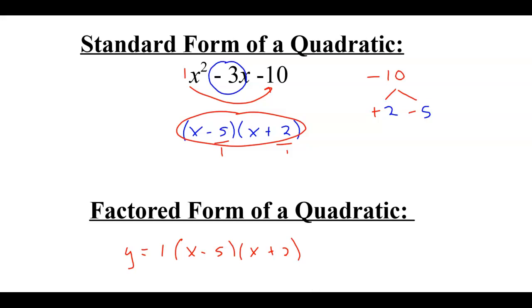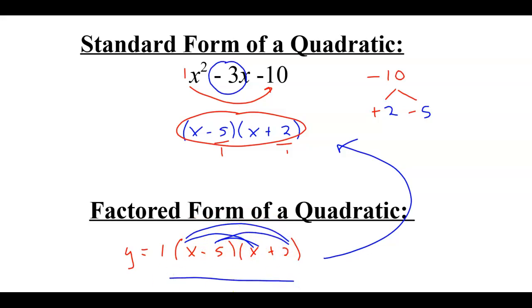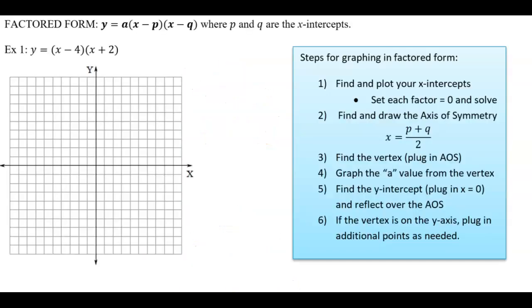And then if at any point you wanted to turn it back into standard form, you could just FOIL this out, right? So x times x, x times 2, negative 5 times x, negative 5 times 2, and FOIL that out and combine like terms. So you can see here at the top, we have kind of this general form of a quadratic with some a value in front, and then the factors, where p and q, these numbers, are the x-intercepts.